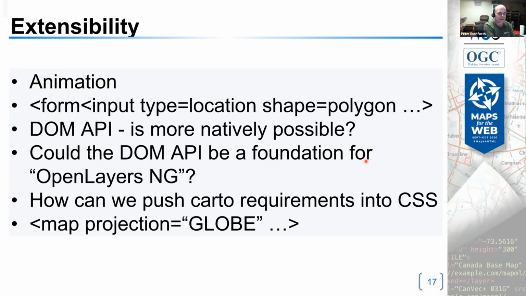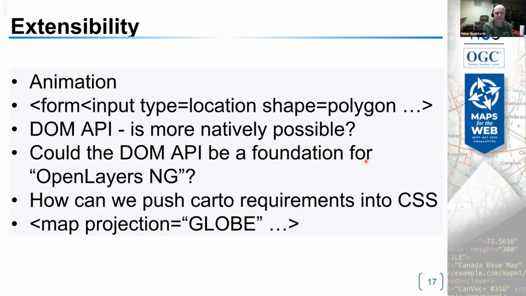I think the DOM API of elements and attributes is already, there's already pretty elaborate ones specified here, but is there more that we need to specify? That's an open question.